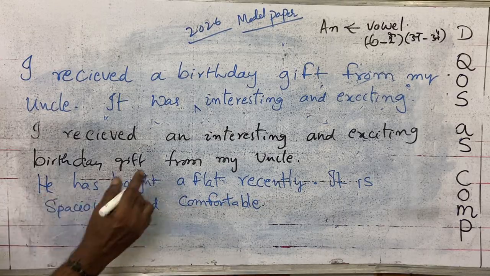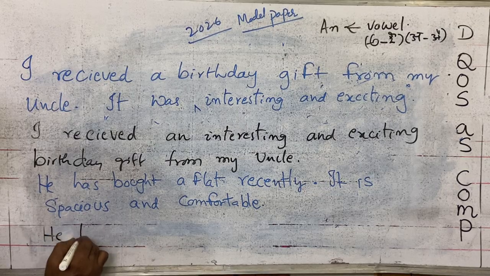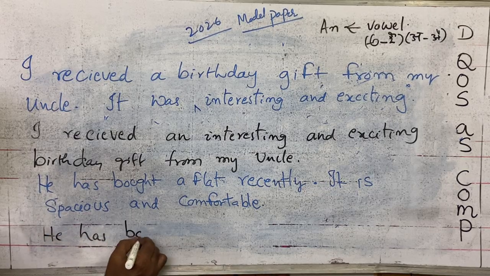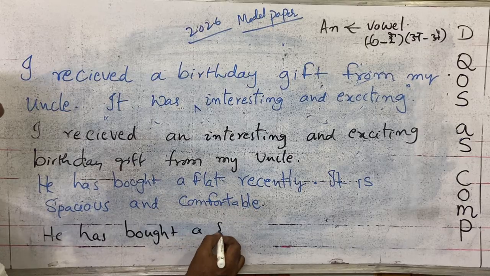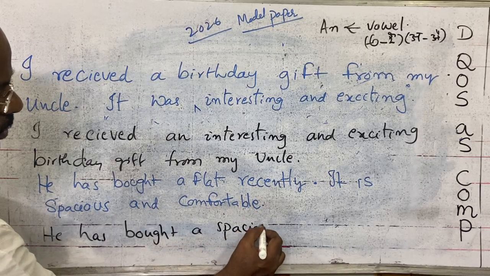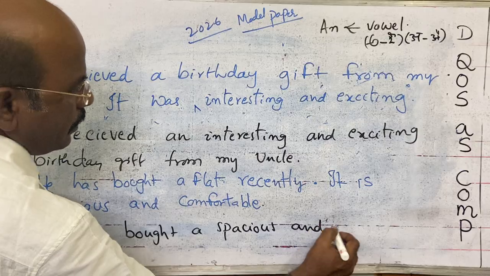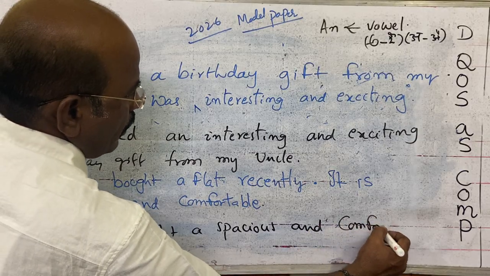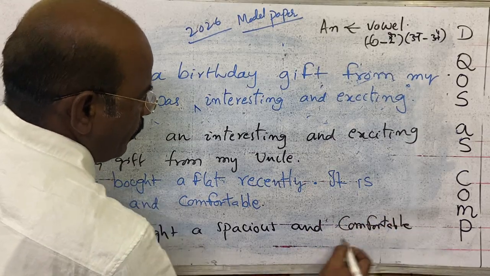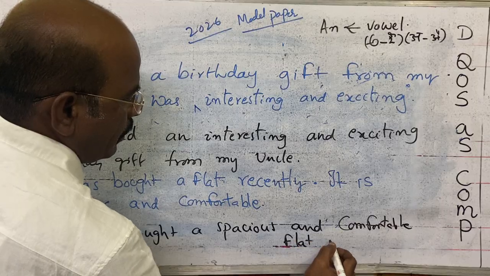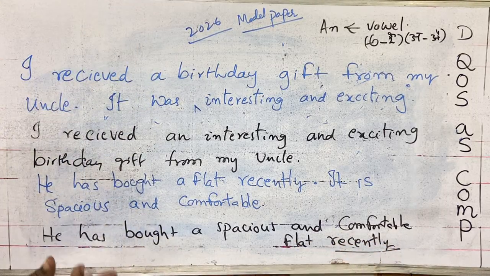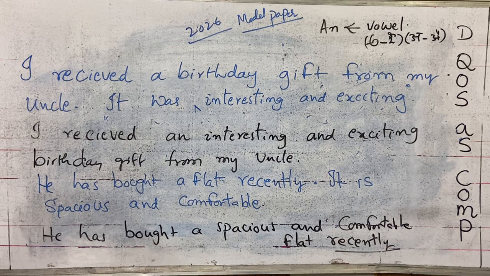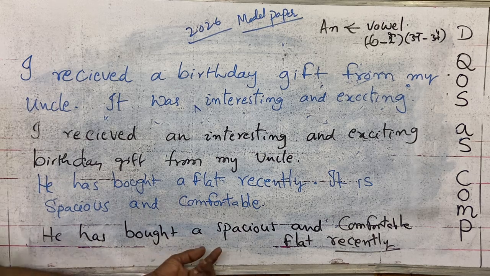So, he has bought a spacious and comfortable flat. Recently: the adverb comes after the verb itself, finally. Here, 'spacious' has the sa sound, so before that 'a' is written. Why?